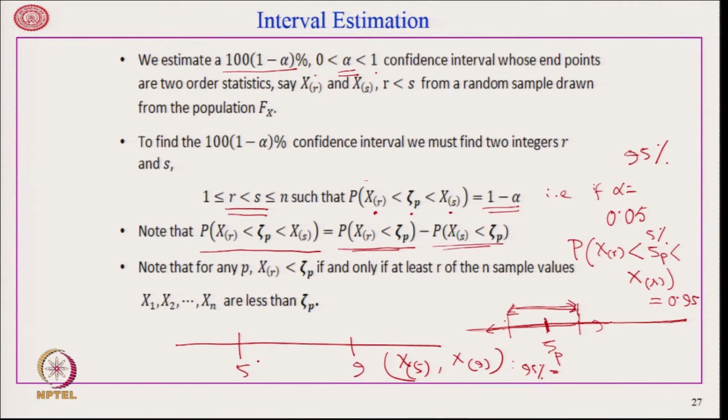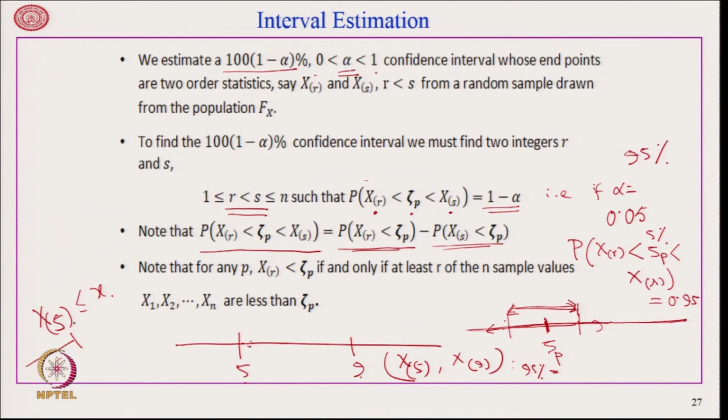Why is it so? Consider the same r equal to 5 and s equal to 9. The fifth order statistic is less than or equal to x when the first 5 observations are less than or equal to x, but it is also true when the first 6 observations are less than or equal to x. It is also true if 7 observations are less than or equal to x.